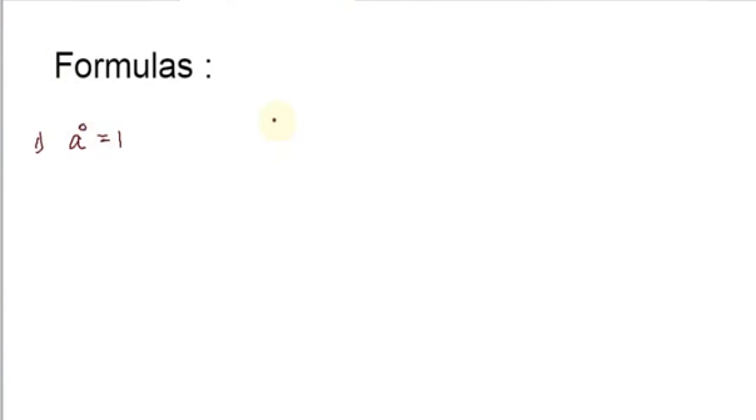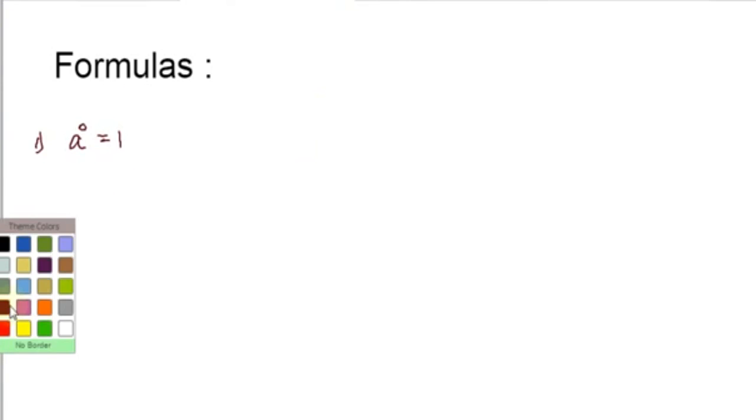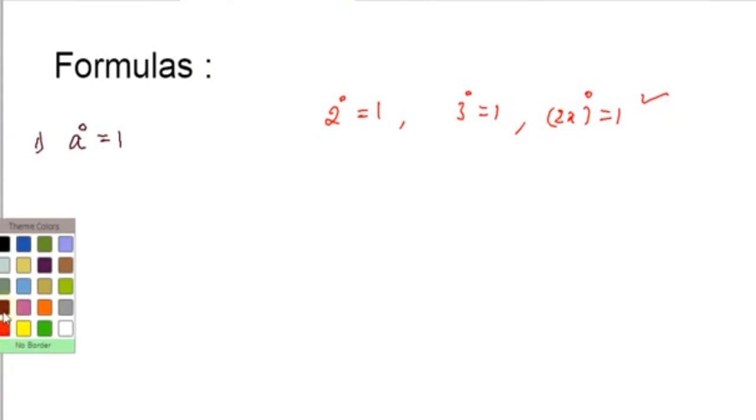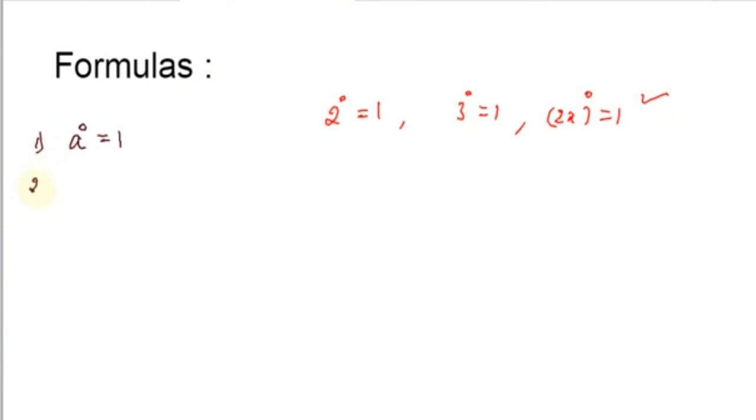The base can be anything: 2 to the power 0 is equal to 1, 3 to the power 0 is equal to 1, otherwise (2x) whole to the power 0 is equal to 1. Now a to the power 1 is equal to a, because the power is only 1.